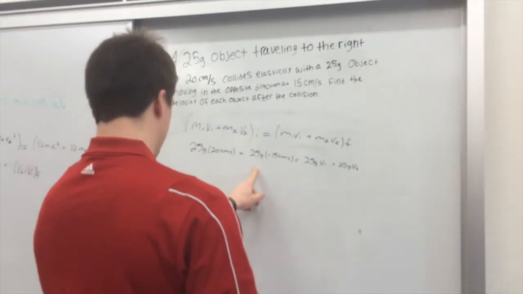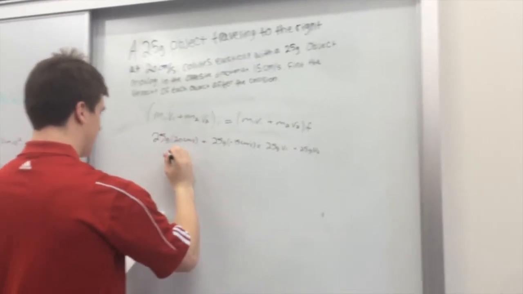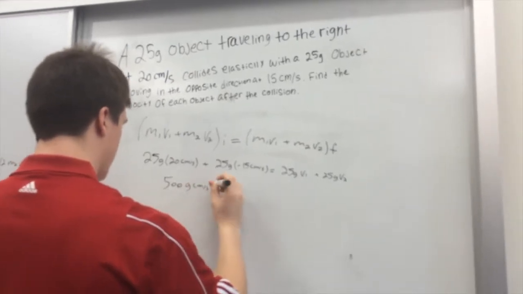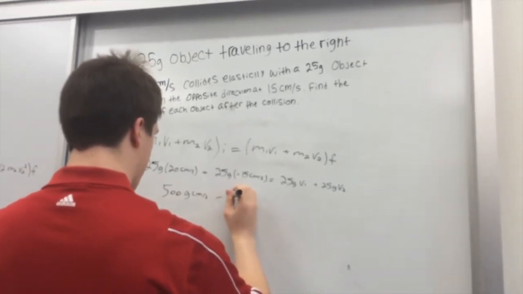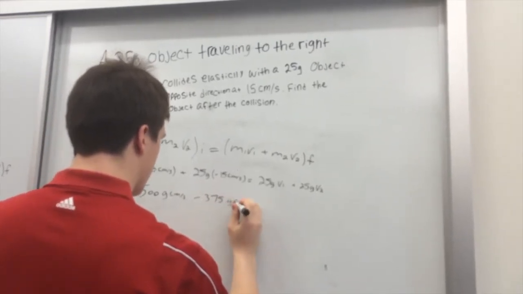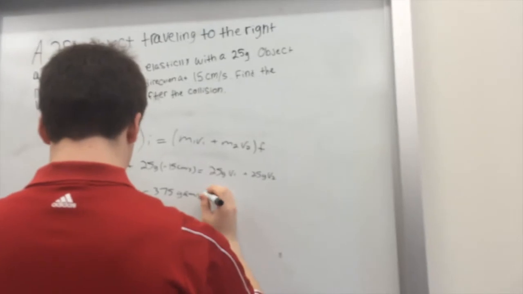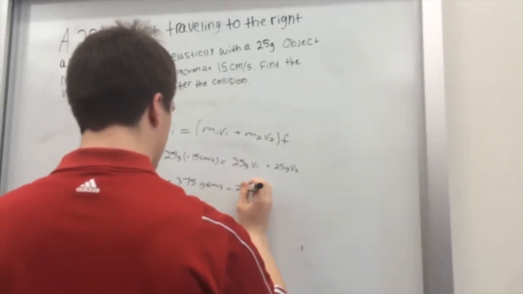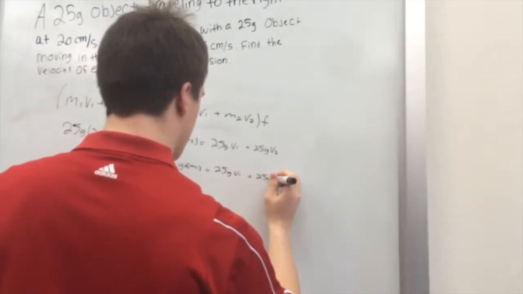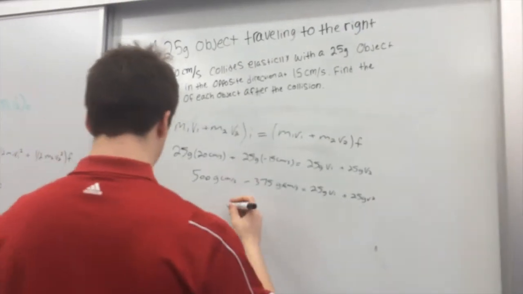So this comes out to 500, since 25 times 20 is 500, minus 375 equals, and then 500 minus 375 will come out to equal 125.